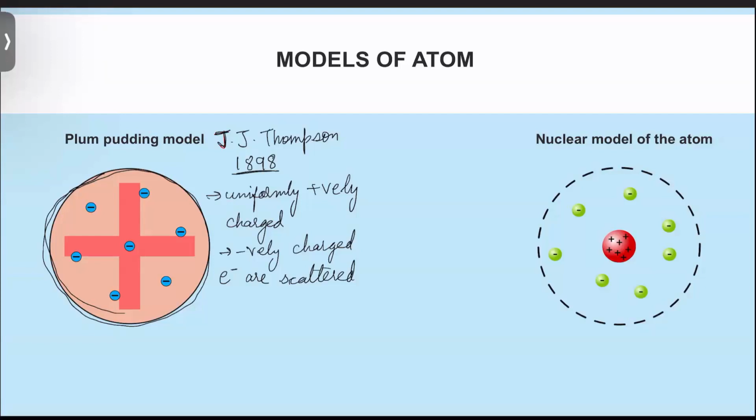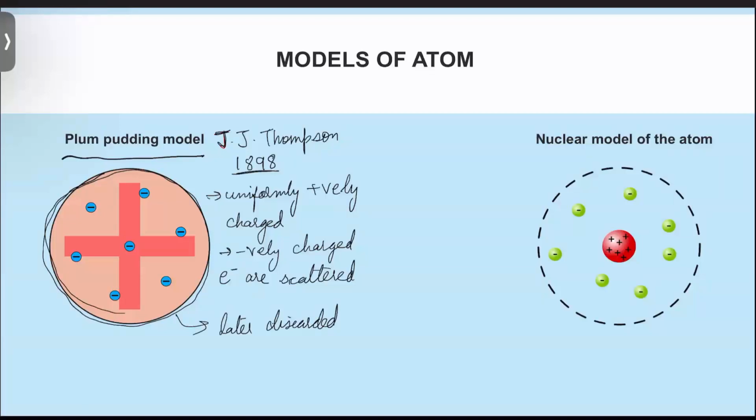But later on, due to various experiments that were done by other physicists, other scientists, we saw that this is actually not true. So this plum pudding model was later discarded. Then we come to Rutherford's nuclear model of the atom.